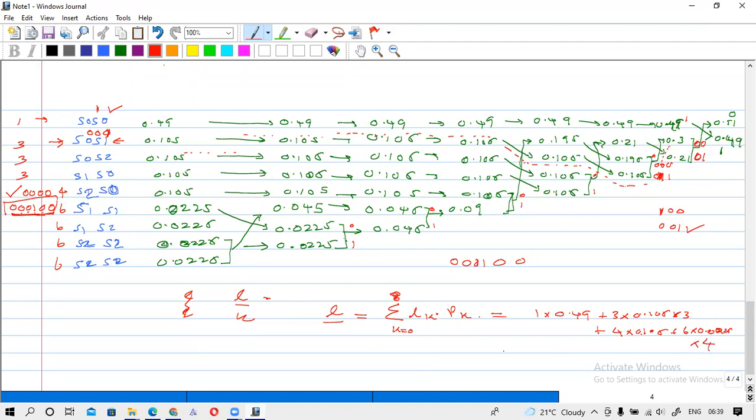If you simplify this, you will get the value. Maybe S1, okay, let's verify it. To find S1 you have to go through this. I will get another color.